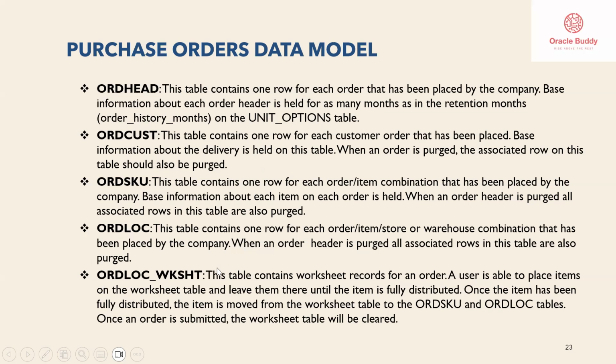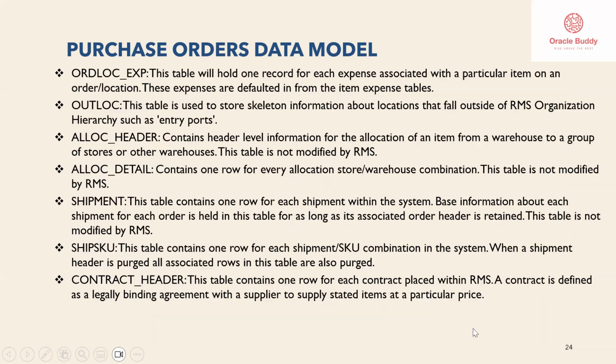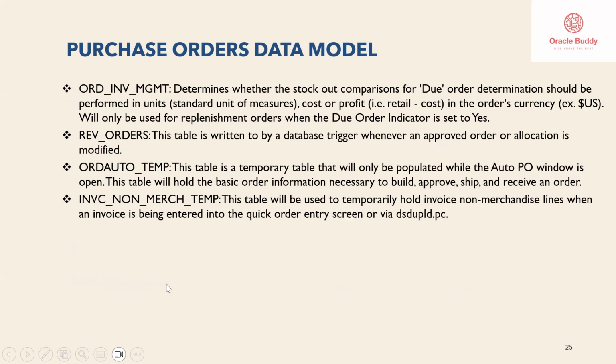Ord loc worksheet contains worksheet records for an order. Ord loc expenses will hold one record for each expense associated with a particular item. Out loc is used to store skeleton information about locations that fall outside the RMS. Then we have allocation header, allocation detail, shipment, ship SKU, and contract header.